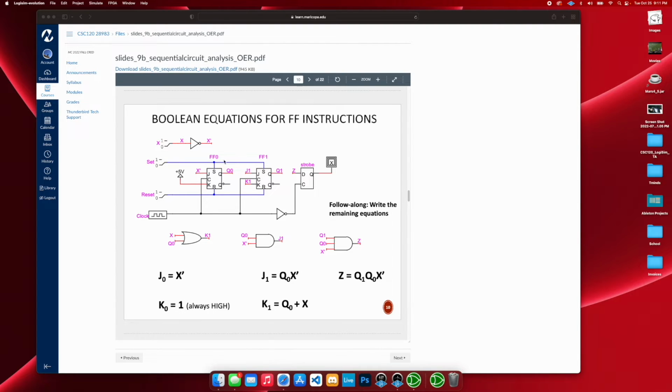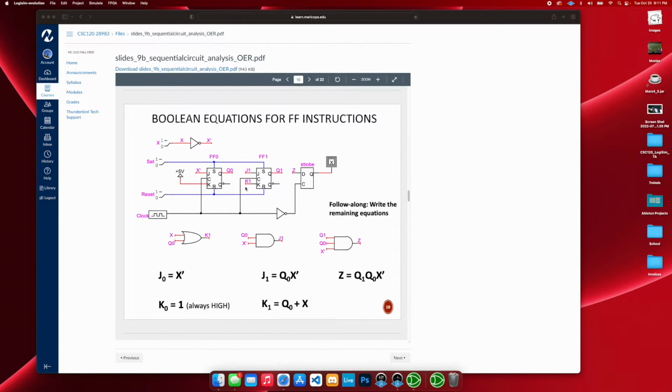For J1 and K1, we can look at flip-flop number 1, and we can see that J1 is represented by this AND gate with Q0 and X prime ANDed together. So simply, J1 is equivalent to Q0 and X prime.